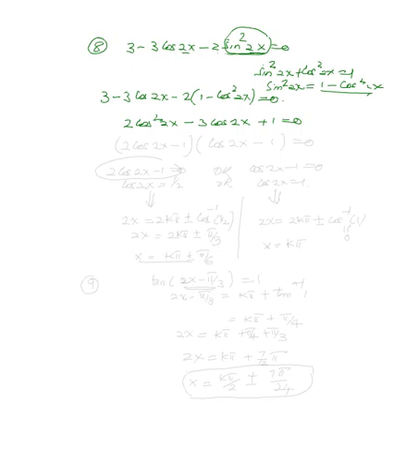So this could easily be factored as 2 cosine of 2x minus 1 times cosine of 2x minus 1 equals 0. So what that means is 2 cosine of 2x minus 1 equals 0, or cosine of 2x minus 1 is 0. So this will make cosine of 2x to be 1/2, or cosine of 2x is 1.